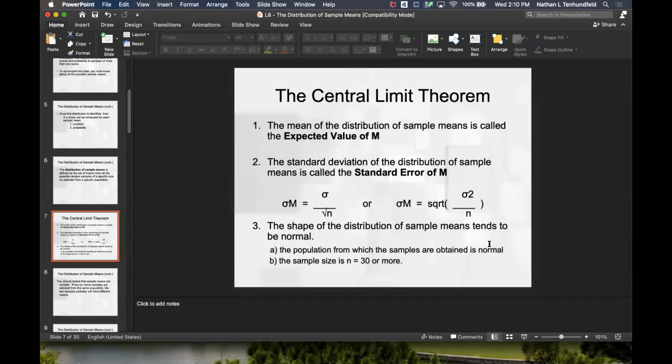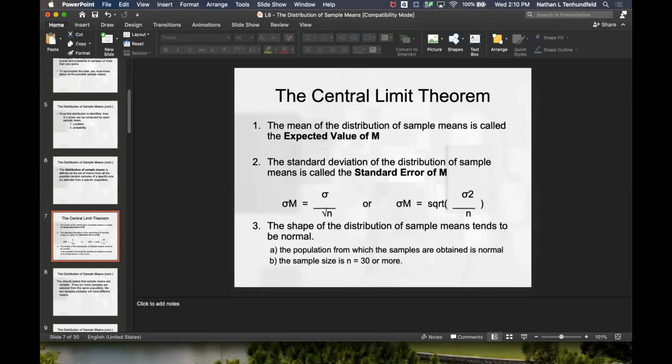And the standard error is just the standard deviation of that new distribution of those means. So it's like the standard deviation of a larger group in a way.